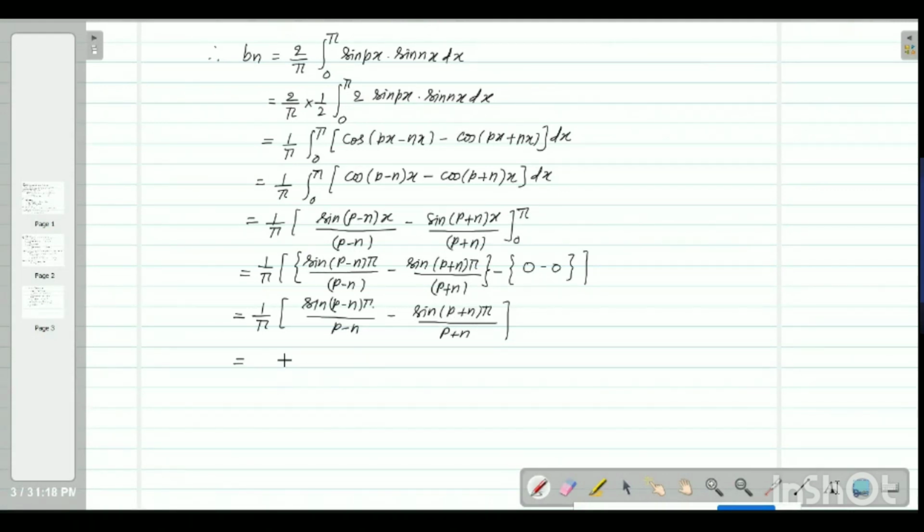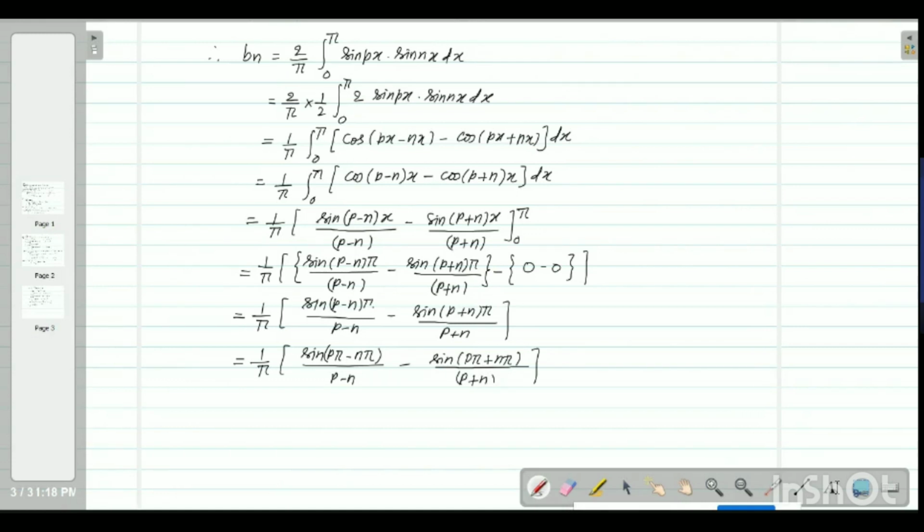So this is 1 upon pi, sin of p pi minus n pi divided by p minus n, minus sin of p pi plus n pi divided by p plus n.